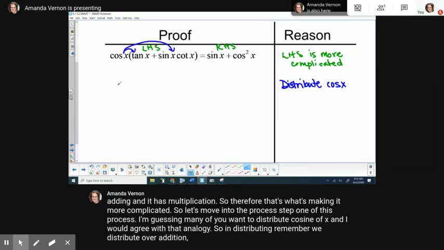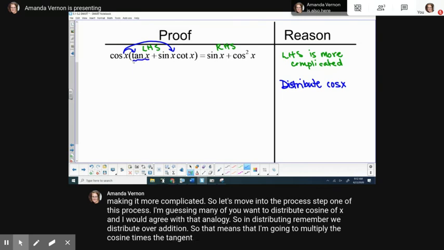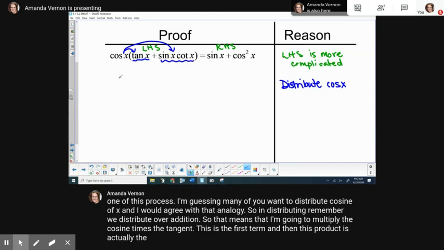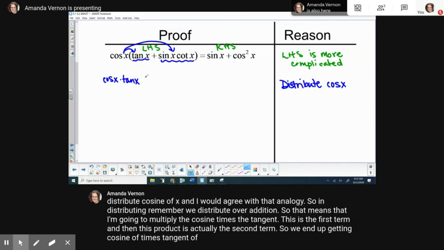So that means that I'm going to multiply the cosine times the tangent. This is the first term. And then this product is actually the second term. So we end up getting cosine of x times tangent of x plus cosine of x times sine of x times cotangent of x.